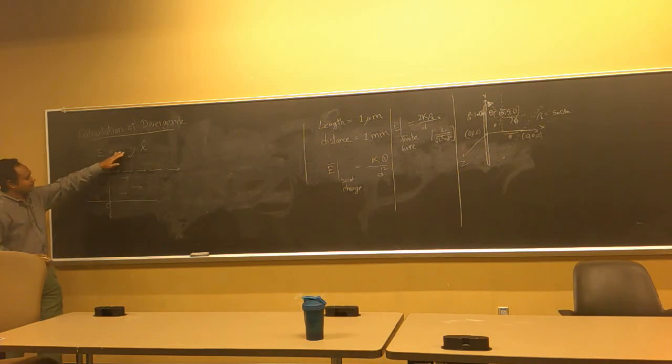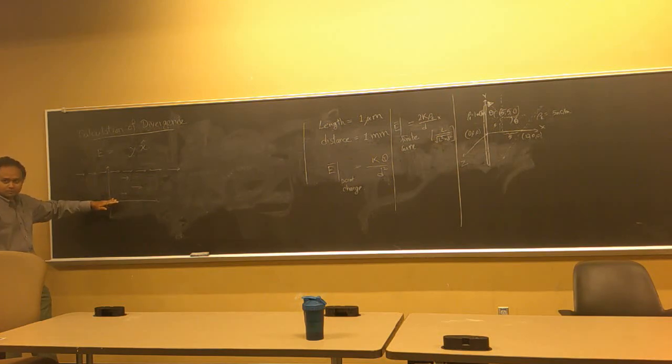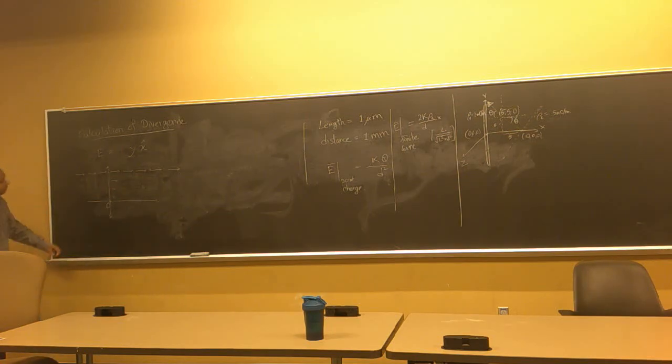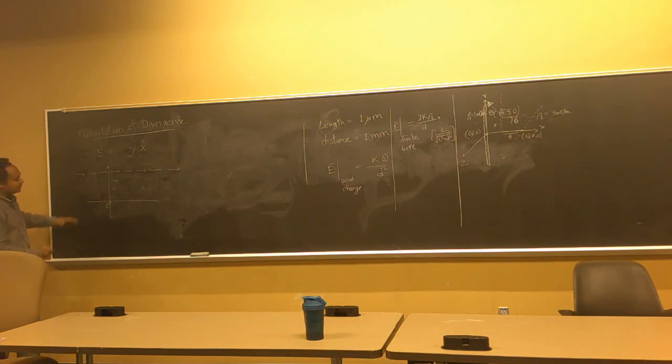Yes, we should, because electric field depends on the y coordinate. If you go down, your y coordinate is going to reduce, so your y component is going to reduce, and at the point where we have the origin, we have exactly 0 electric field.